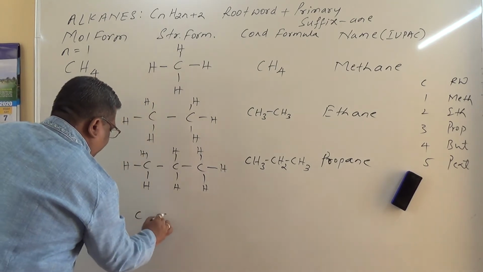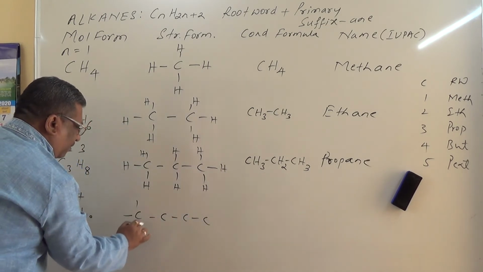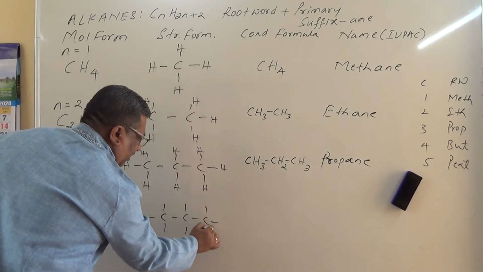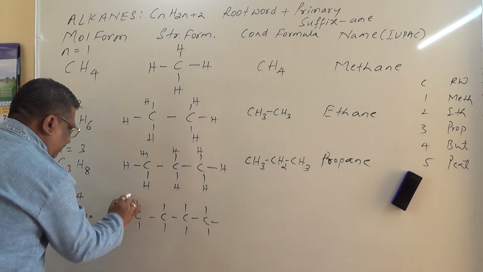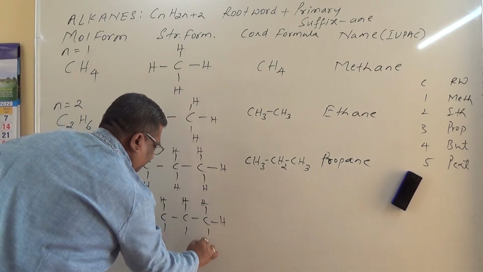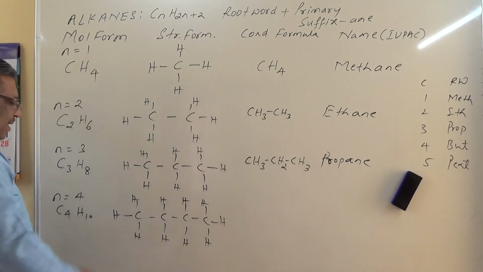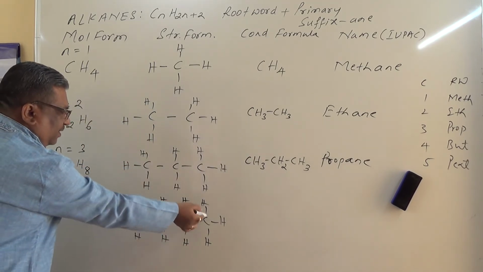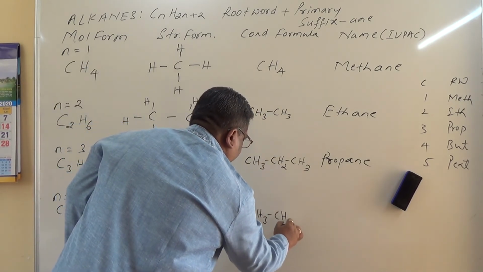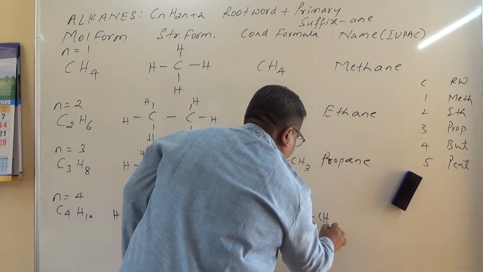So write 4 carbons, balance the valencies, and put hydrogen. Condensed formula: CH3, CH2, CH2, CH3.